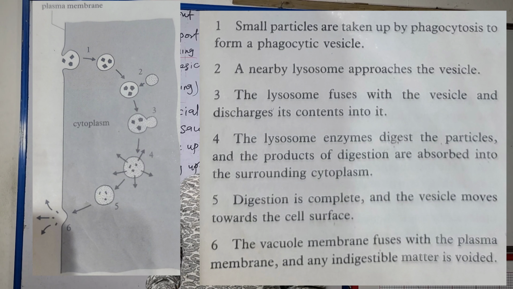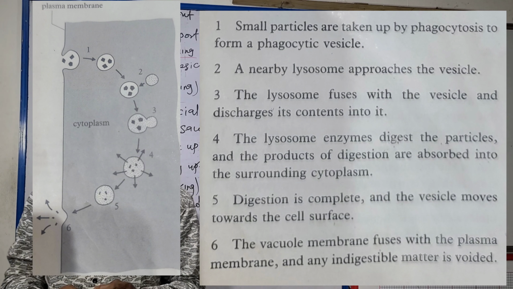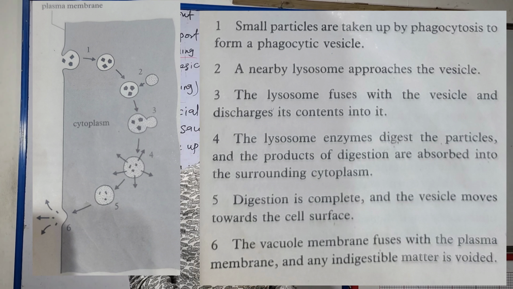Second, a nearby lysosome, the digestion center of the cell, approaches the vesicle. Third, the lysosome fuses with the vesicle and discharges its enzymes into it. You can see that. 4. The lysosome enzymes digest the particles and products of digestion are absorbed into the surrounding cytoplasm.